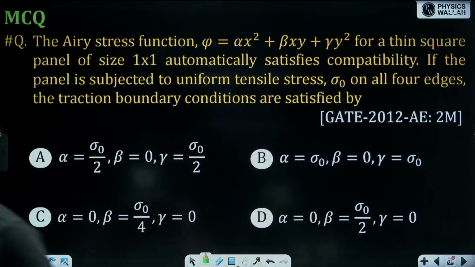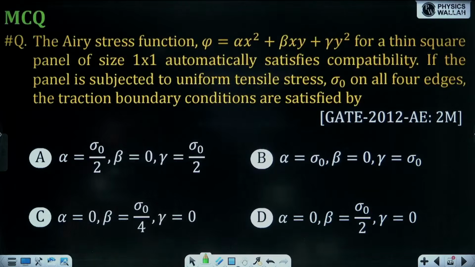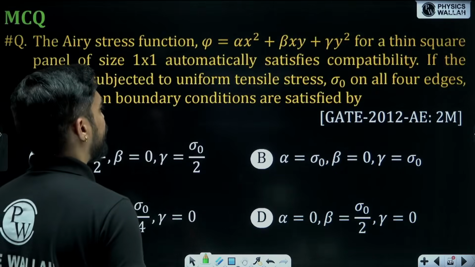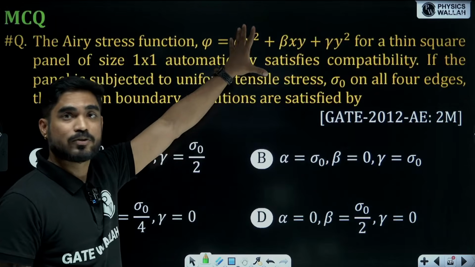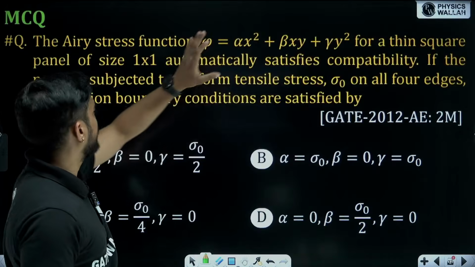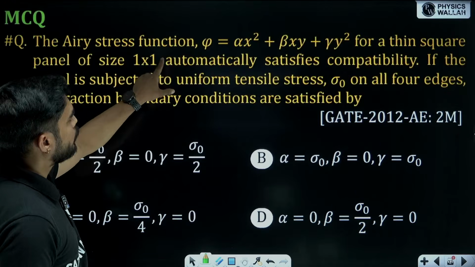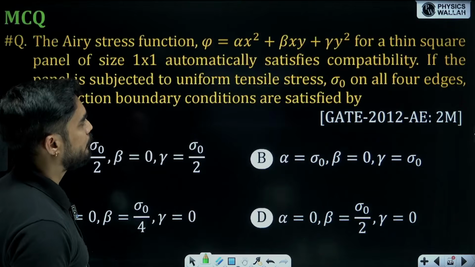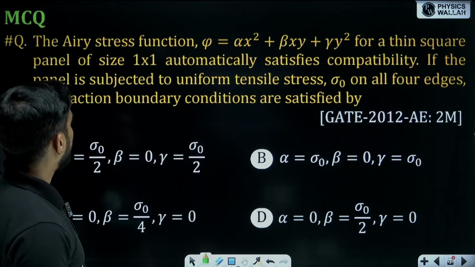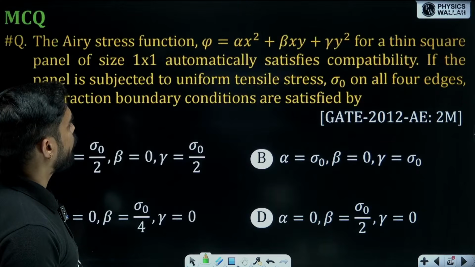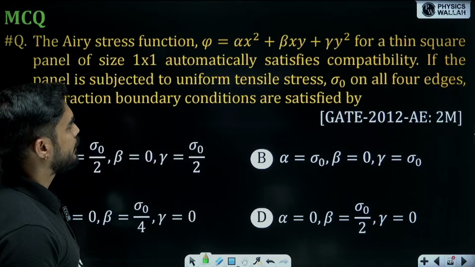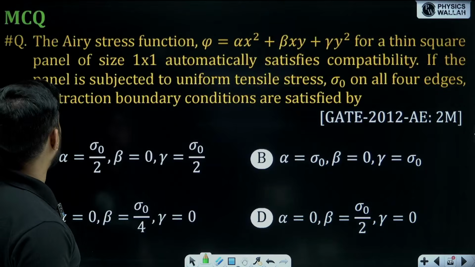The Airy stress function phi equal to alpha x square plus beta xy plus gamma y square. Again, they have given you the Airy stress function for a thin square panel of size 1 by 1 that automatically satisfies compatibility if the panel is subjected to uniform tensile stress sigma naught on all 4 edges.